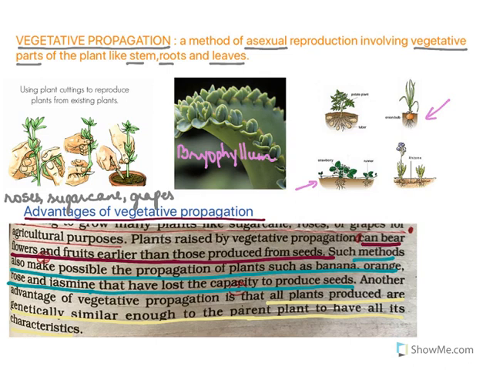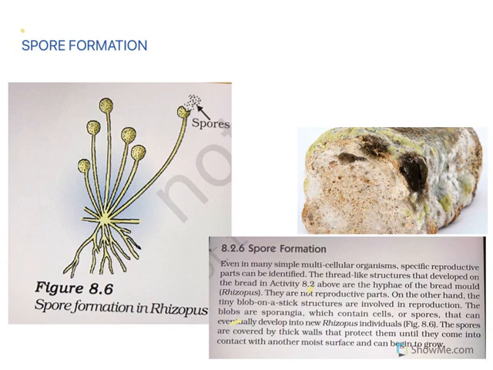We will use vegetative reproduction to produce another plant which is almost identical to the parent plant. So this method was vegetative propagation, in which the vegetative parts of the plant like the stem, roots and leaves were used for reproduction.